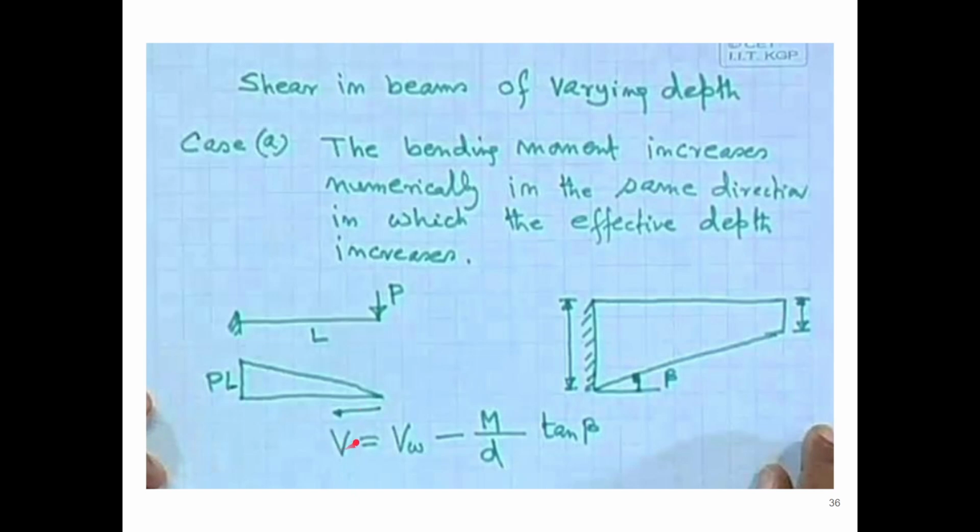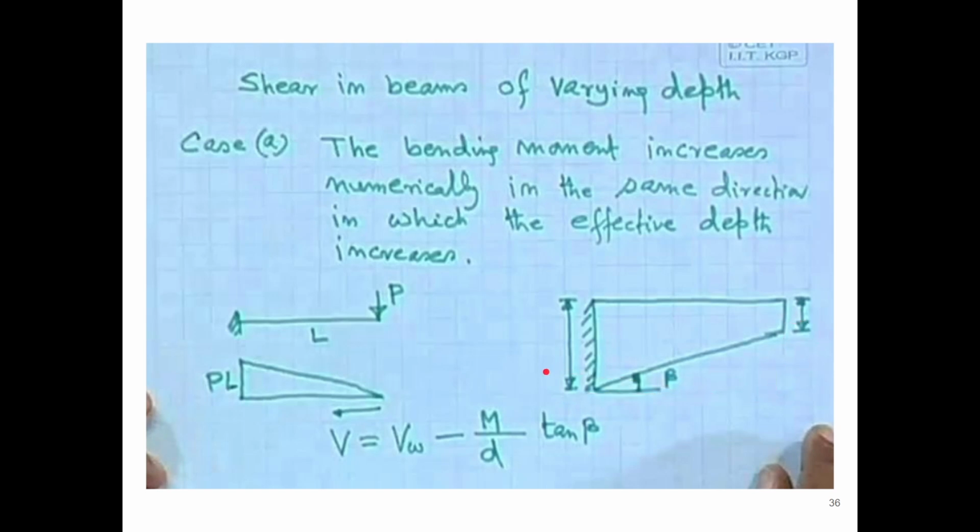So at that section, the shear force acting will be Vw minus M, the moment acting at that section because of this load. d is the effective depth at that section. If this is the section, what is the effective depth here? And tan beta is this value divided by this.